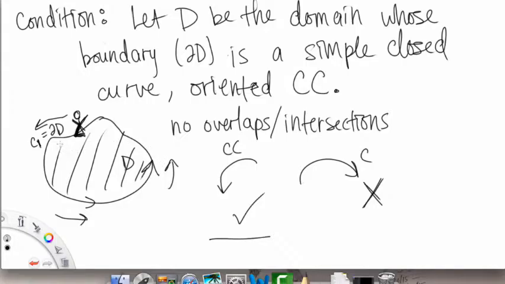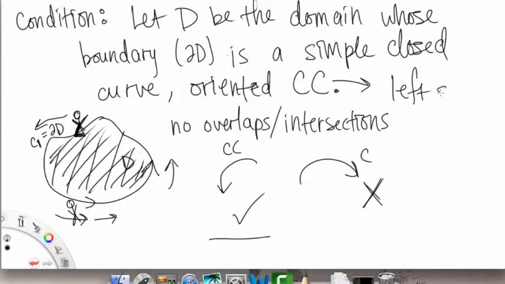You just make sure that the domain, the shaded-in region on the inside, is always positioned at your left. Here you can see it's on his or her left side, and when you're here and walking this way, the domain is again on their left side. I'll just write a little note here: left side.